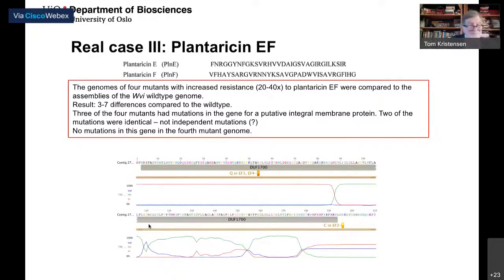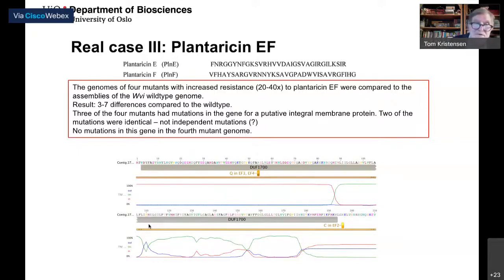We also had yet another two-peptide bacteriocin, plantaricin EF, which we also wanted to find the receptor for. But for this one, we really had problems picking resistant mutants. For the other bacteriocins we have discussed so far, resistant mutants emerged without much effort at all.